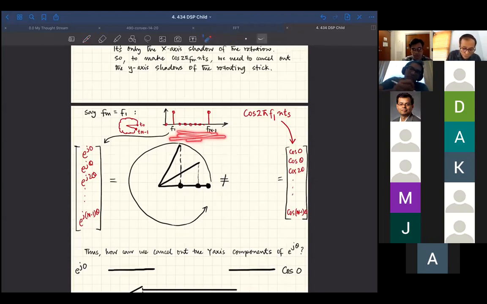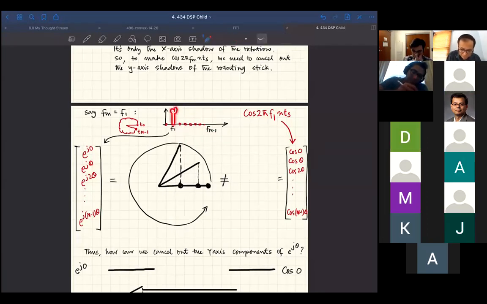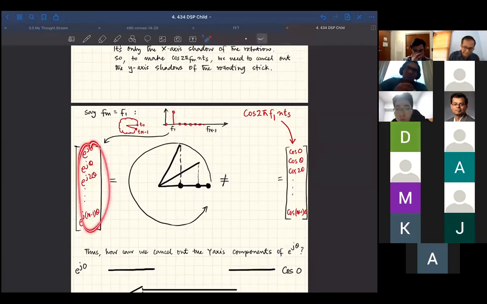Now, if this FFT only had this value at f1, that would have meant this equals this. But it's not equal to this, right?